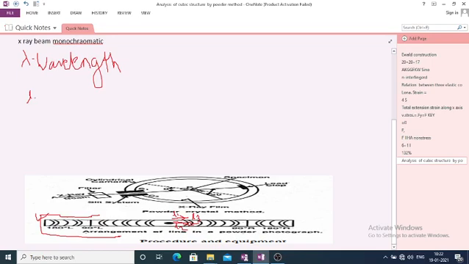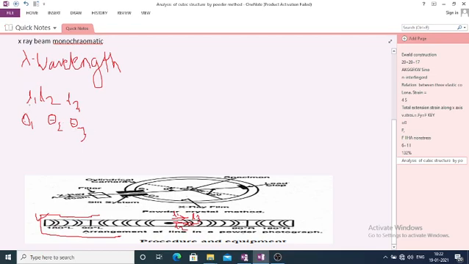And theta 1, theta 2 and theta 3 are the corresponding incidence angles for the diffraction.